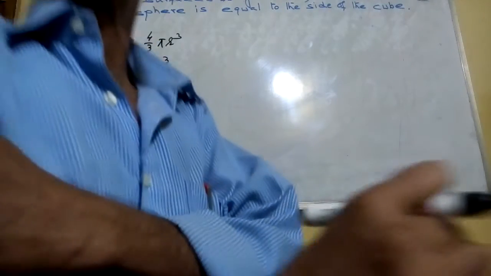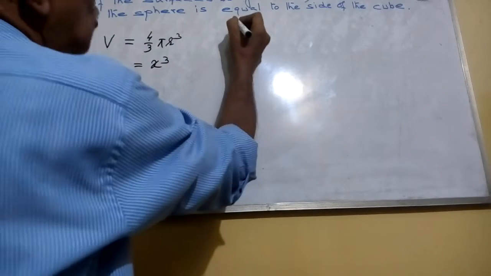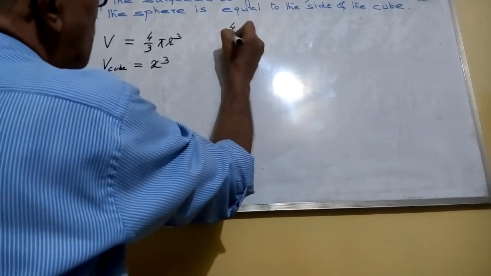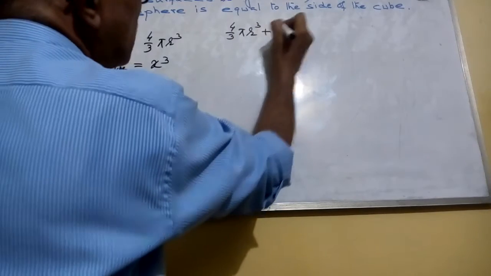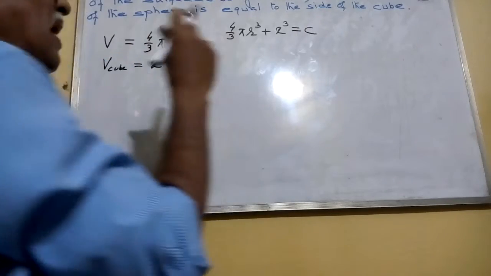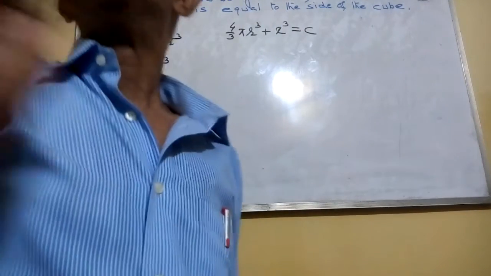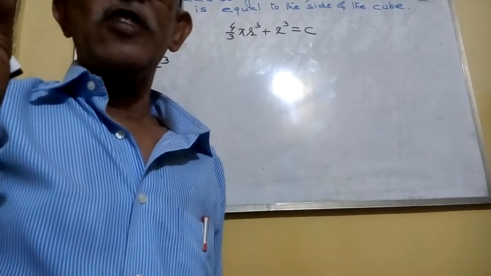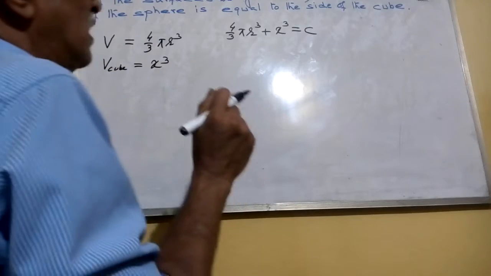What is given, you have to remember, is always a constant. So we can assume 4/3 πr³ + x³ = c. Again, what is given in a question is always a constant. So c is a constant here.